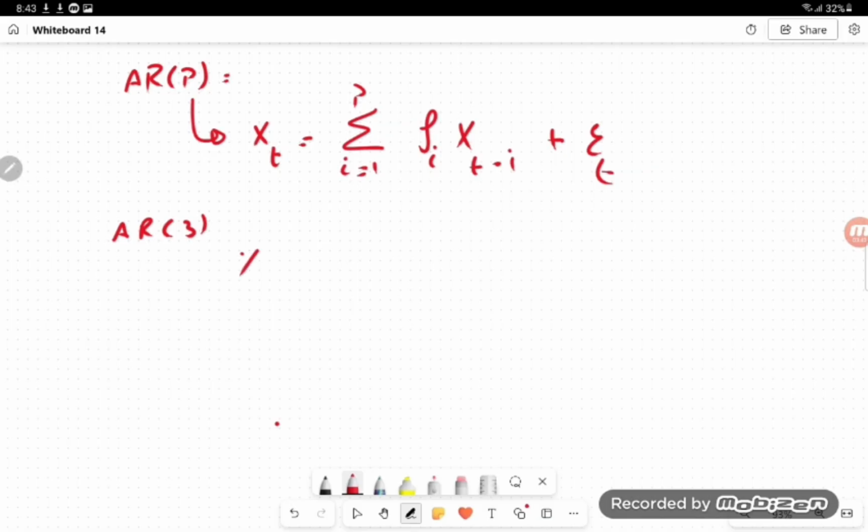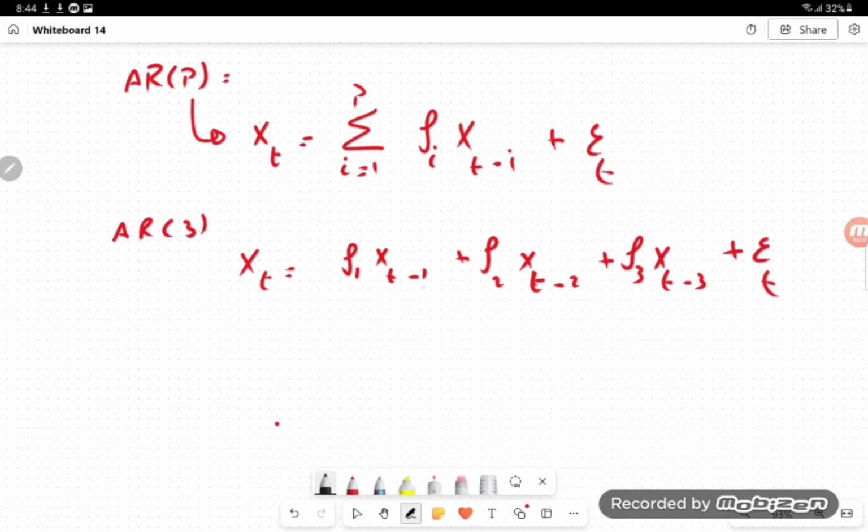So we can write the model as x t equals rho 1 x t minus 1 plus rho 2 x t minus 2 plus rho 3 x t minus 3 plus epsilon t. So the number of lags is the order of our model. Of course, you can add a constant if you would like to.